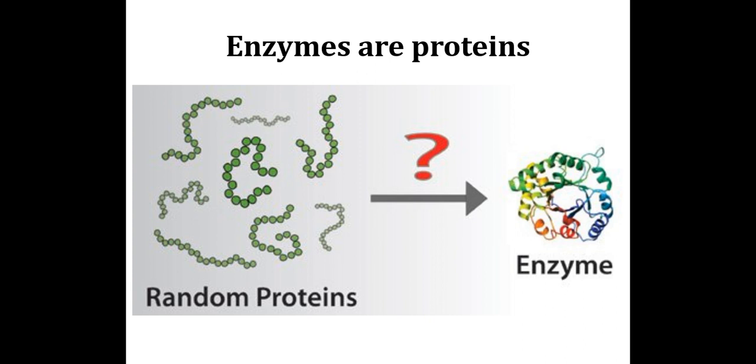We all know that proteins are made up of a number of amino acid units linked by peptide bonds to form a long chain, and that long chain is called a protein, and these proteins work as enzymes.